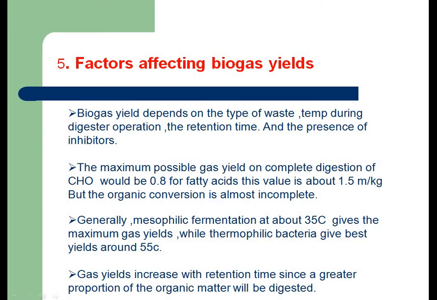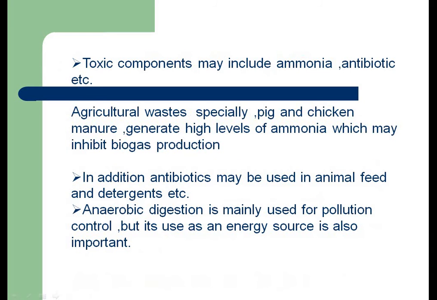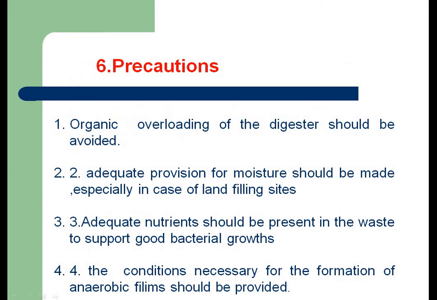Gas yields increase with retention time since a greater proportion of the organic matter will be digested. Agriculture waste, specifically pig and chicken manure, generate high levels of ammonia which may inhibit biogas production. In addition, antibiotics may be used in animal feed, and detergents. Anaerobic digestion is mainly used for pollution control, but its use as an energy source also is important.